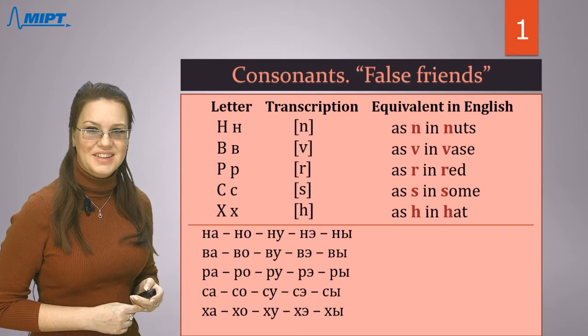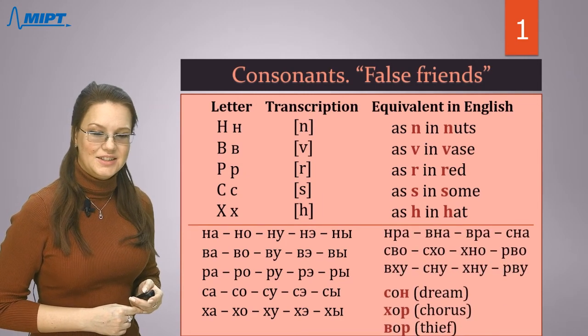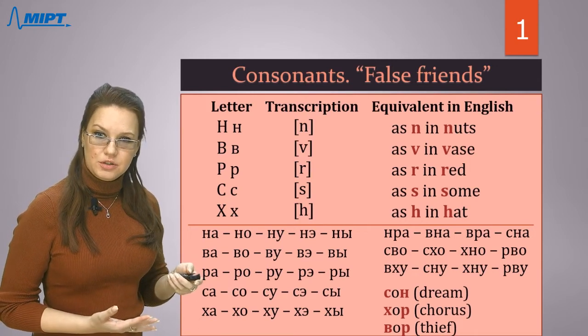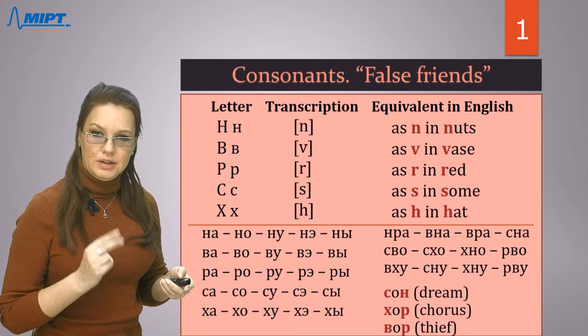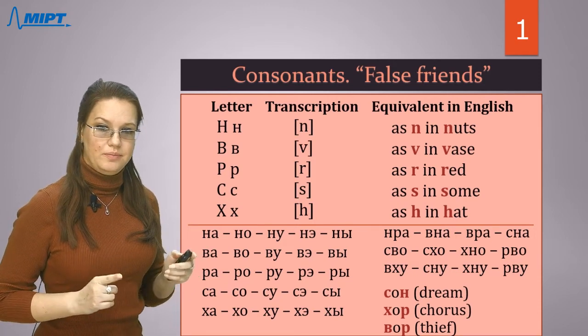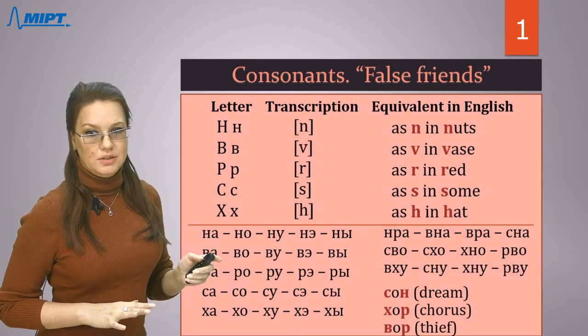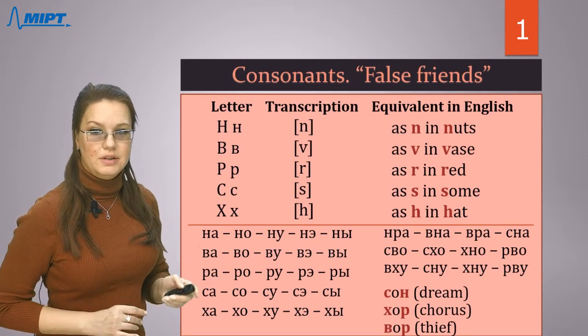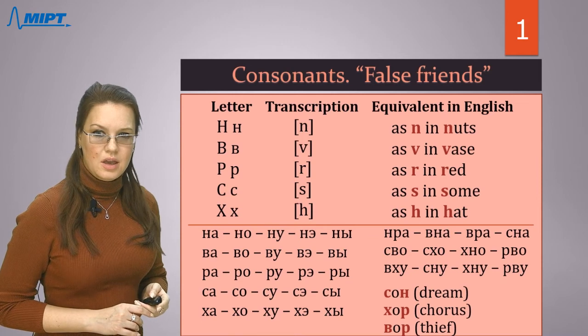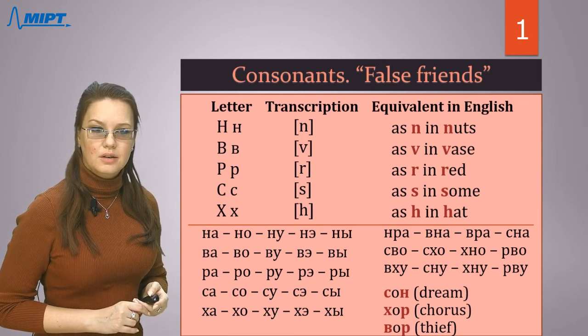So that's it. Let's try to read a more difficult combination of letters, when two consonants are together without any vowels between them. It might be a little difficult, but anyway, let's try to read them. Nra, vna, vra, sna.